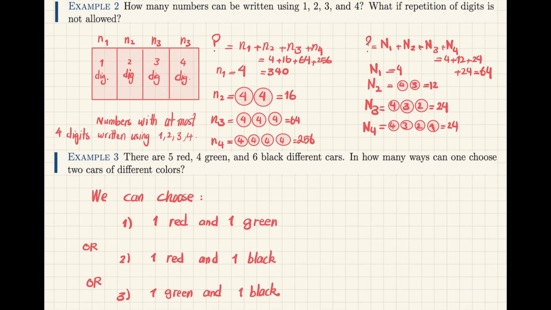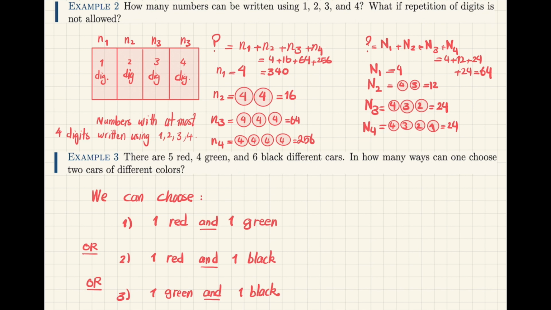But I want to describe it. This problem is simple, but I want you to understand everything, and I want to emphasize these words here. Everybody agrees that we have three mutually distinct options available. If I choose one red car and one green car, my task according to the problem is accomplished. Or I might choose a red car and one black car and then I am done. Or if I choose one green car and one black car, then I am done.